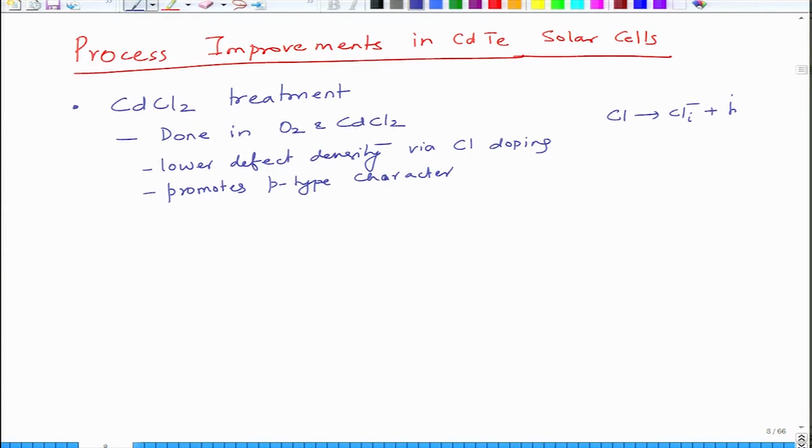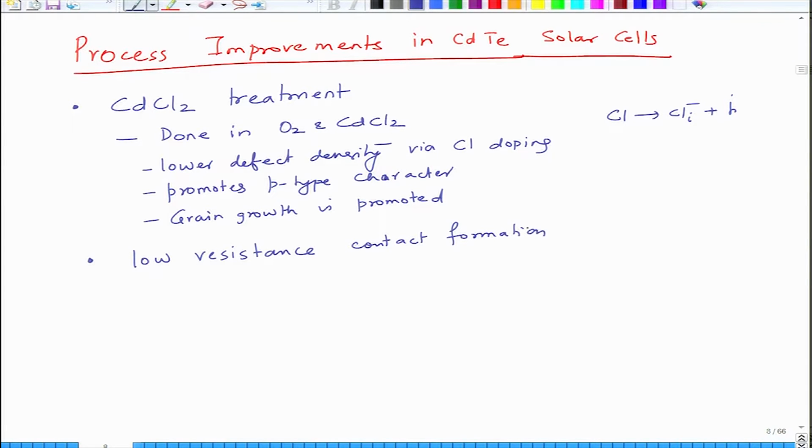So it promotes the p-type character, and this also promotes the grain growth. And one also does low resistance contact. So if you couple this CdCl2 treatment with low resistance contact formation, this leads to better device properties.